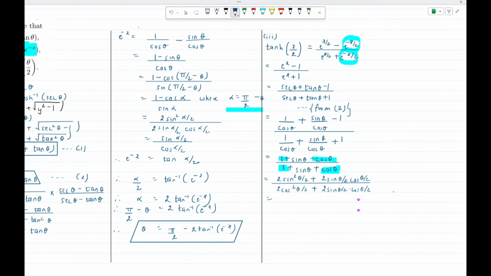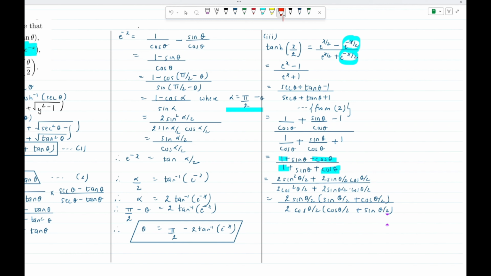From the numerator we can take 2 sin theta by 2 common, and we'll be left out with sin theta by 2 plus cos theta by 2, and in the denominator we can take 2 cos theta by 2 common, and we'll be left out with cos theta by 2 plus sin theta by 2.